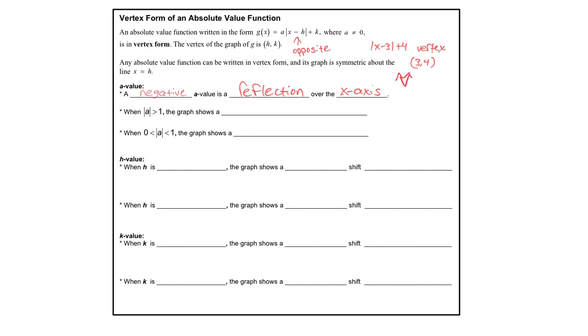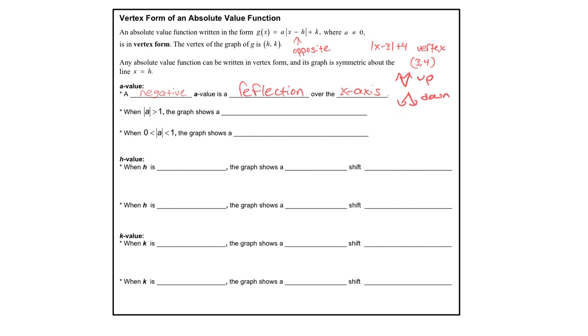This is opening up like a cup. A reflection then makes it open down like a frown. It doesn't look much like a frown when it's a V shape, but that's what we'll say, down like a frown. So that's what a negative does. It's the only thing a negative does. The only thing when you see a negative is it reflects it to open downward.